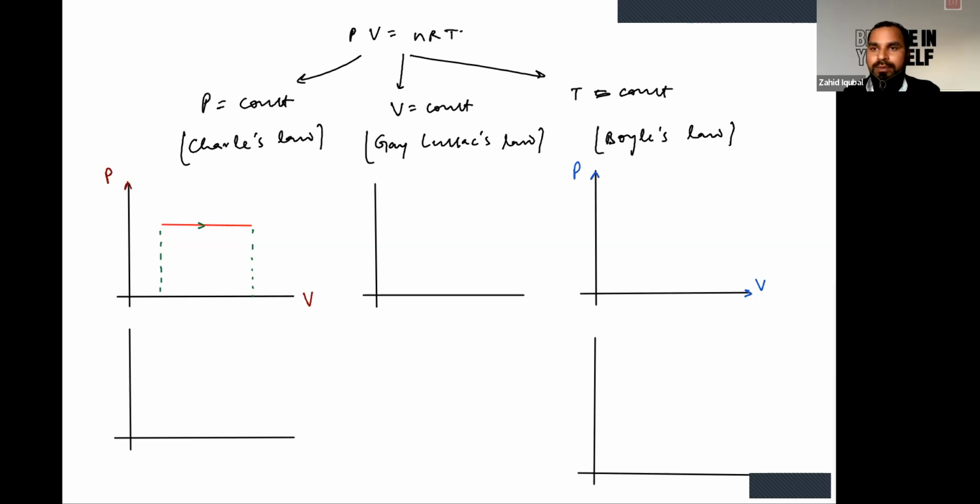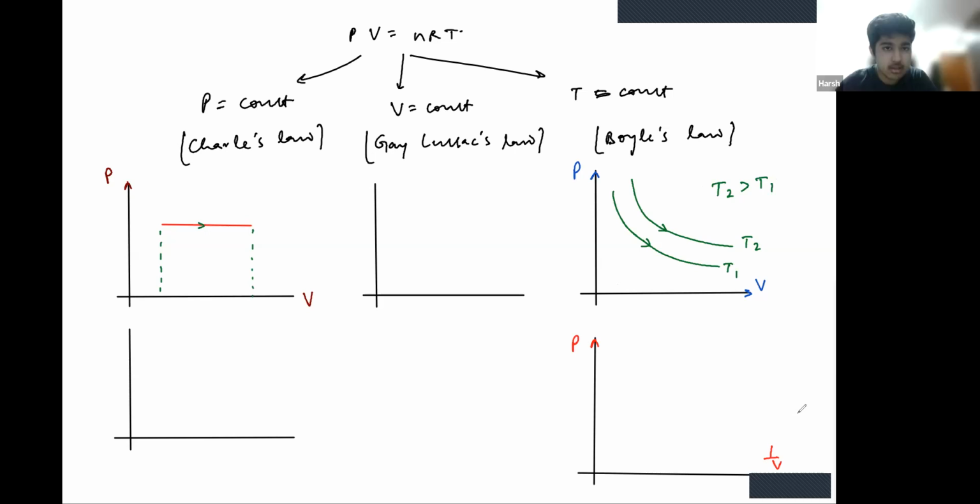So the graph will be a rectangular hyperbola like this. Let's say we have two different curves related to some temperature T1 and some temperature T2. You will be asked which of these two temperatures is more. You will say if the graph is away from the origin, it is more as compared to the other. So we can say T2 is greater than T1. Now suppose you have to plot pressure versus 1 by V.